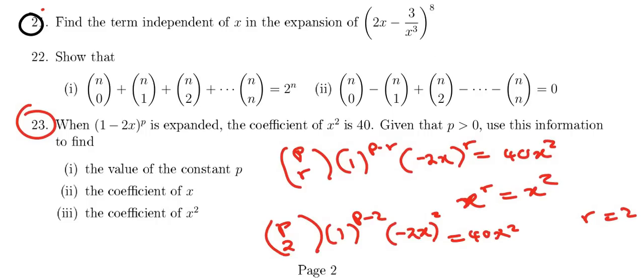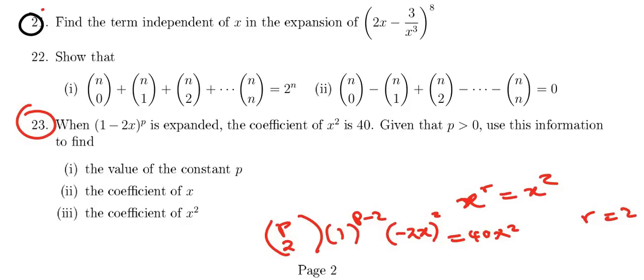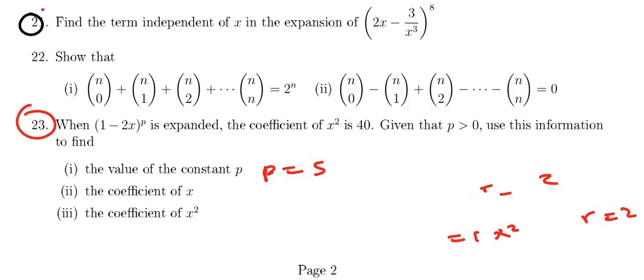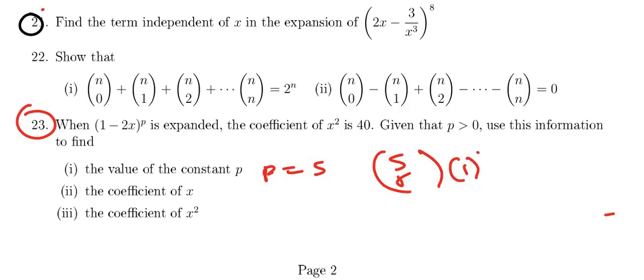So according to the question, we're just using the binomial theorem of the nth term. We already found that p is equal to 5. They're saying the coefficient of x, meaning what's in front when we only have x. So we go with 5 choose r, then 1 to the power 5 minus r, then negative 2x to the power r.